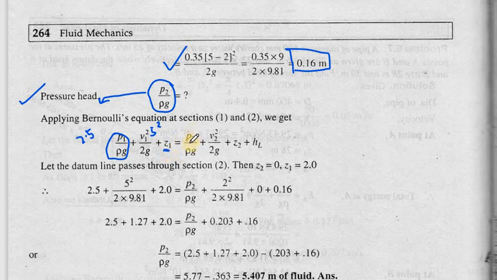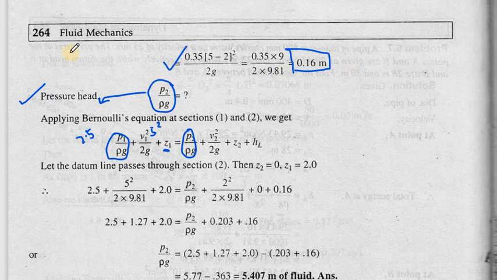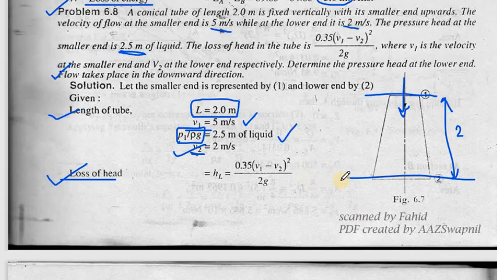Now equal to P2 by rho g, this value we need to calculate, because the question clearly says that we need to calculate the pressure head at the second point. Now the V2 value has been given, V2 is 2. So 2 square by 2 into 9.81. Z2 we will take as 0, because we are considering that at the second section we have got a datum, so the value of datum will be 0.